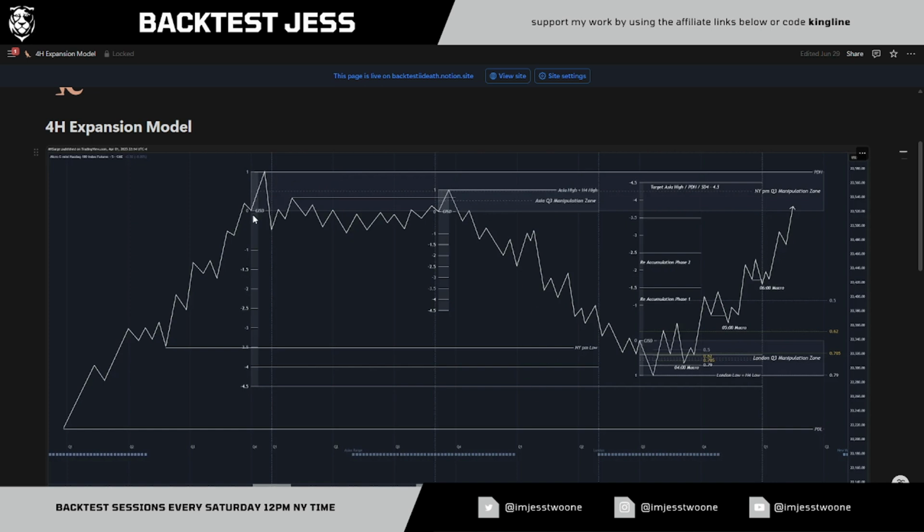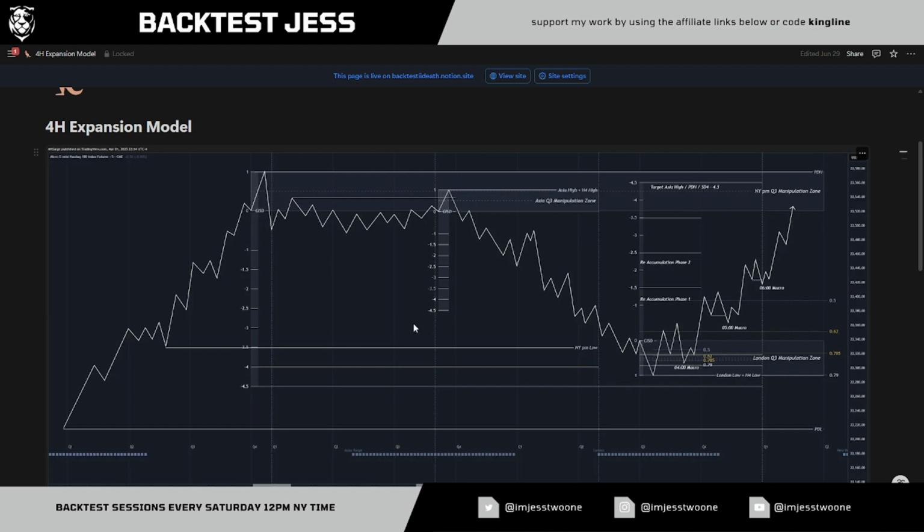That 5-minute Q3 generally creates a manipulation zone if the manipulation occurs in Q3, and as a result, the deviations from this manipulation zone tend to forecast the 4-hour candle expansion.